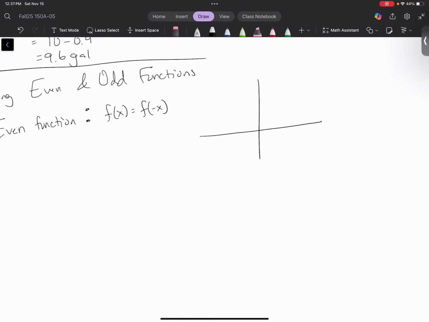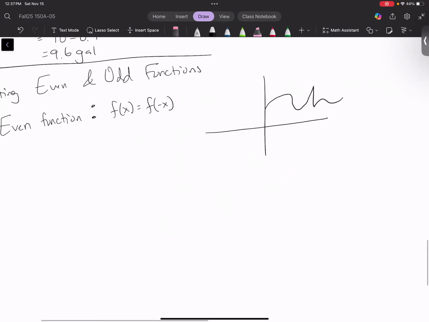So whatever happens on one side, it's symmetrical, so it's going to look something like this. I did my best to mirror it, but hopefully you guys can see what's happening. Whatever happens is mirrored on the left and the right.